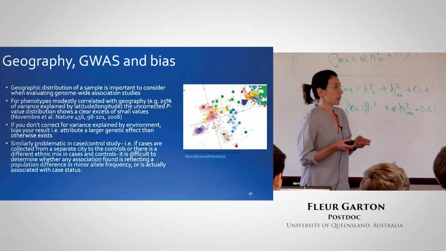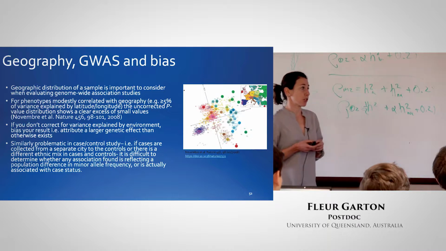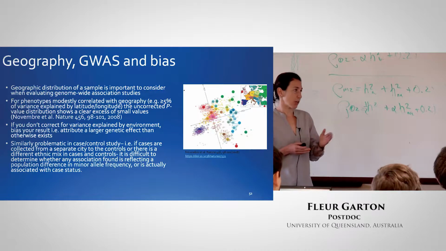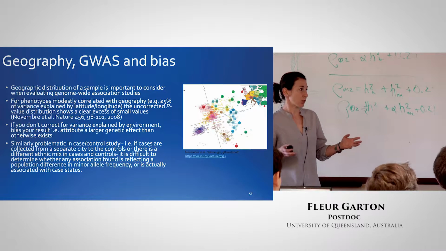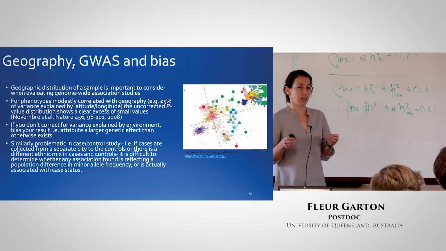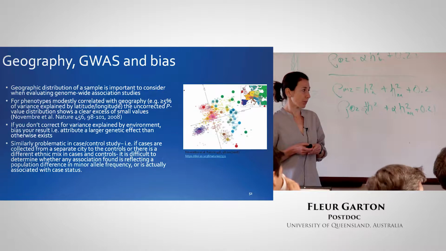They say that the uncorrected p-value distribution shows a clear excess of small values. And so basically, if you don't correct for the variance explained by environment, you bias your result, and you might attribute a larger genetic effect than what otherwise exists.